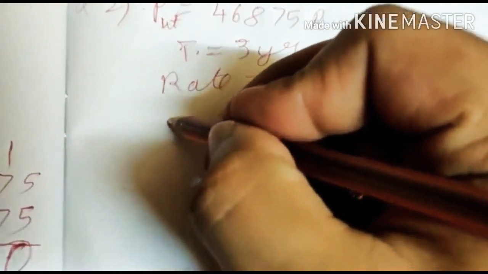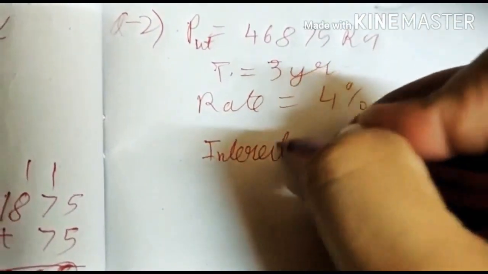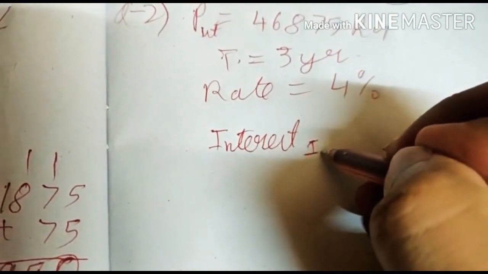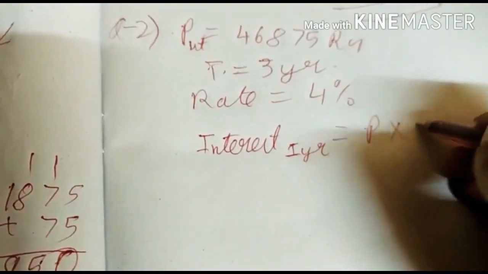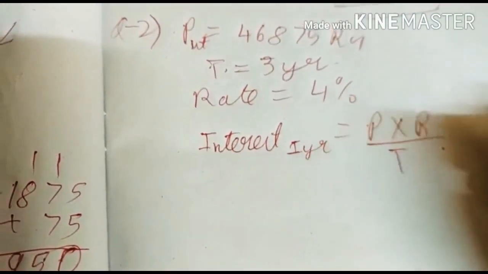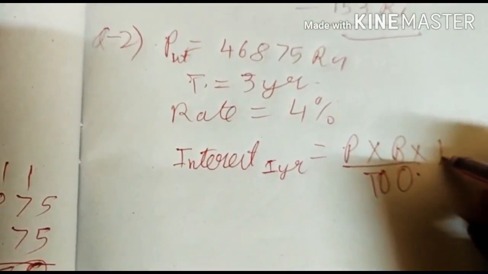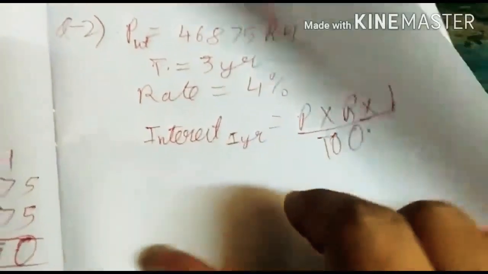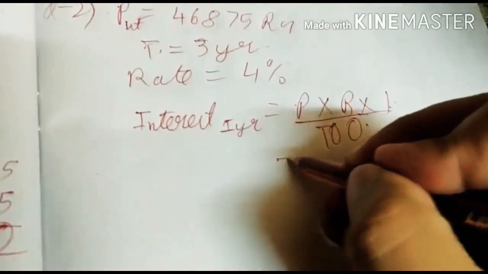Okay, so interest of the first year will be principal into R into T, into 1 upon 100. For the first year, time will be only 1 year. We have to calculate only the first year period. So time here is 1 year.